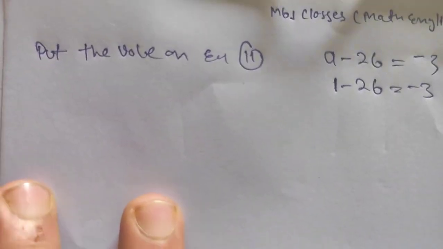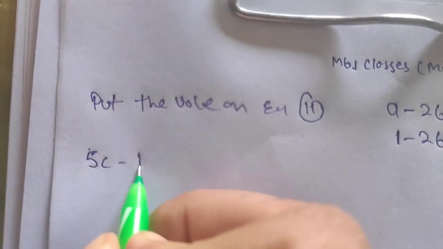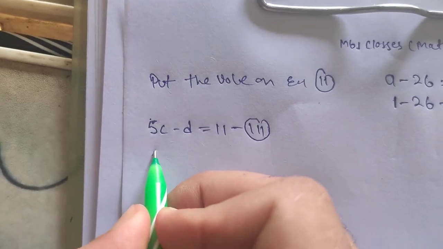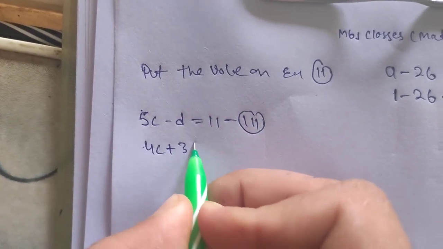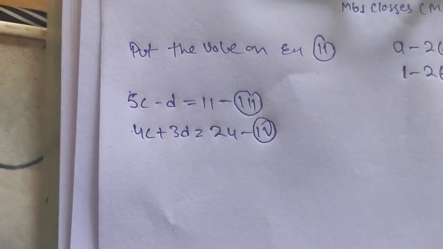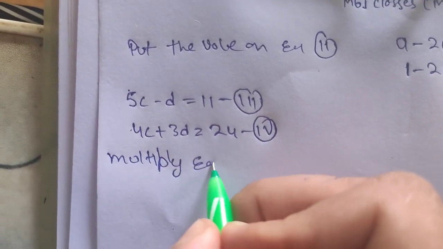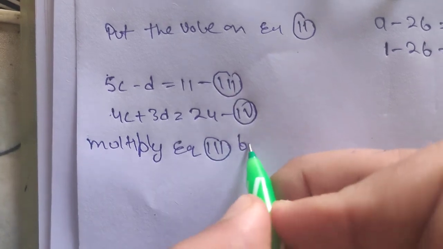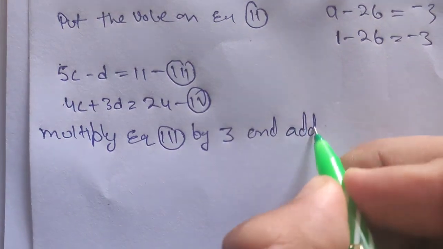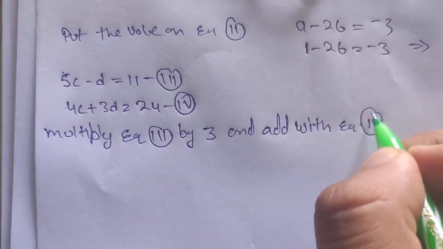Solving similarly equations 3 and 4, I have 5c minus d becomes 11 as equation number 3, and 4c plus 3d is equal to 24 as equation number 4. So multiply equation 3 by 3 and add with equation 4.